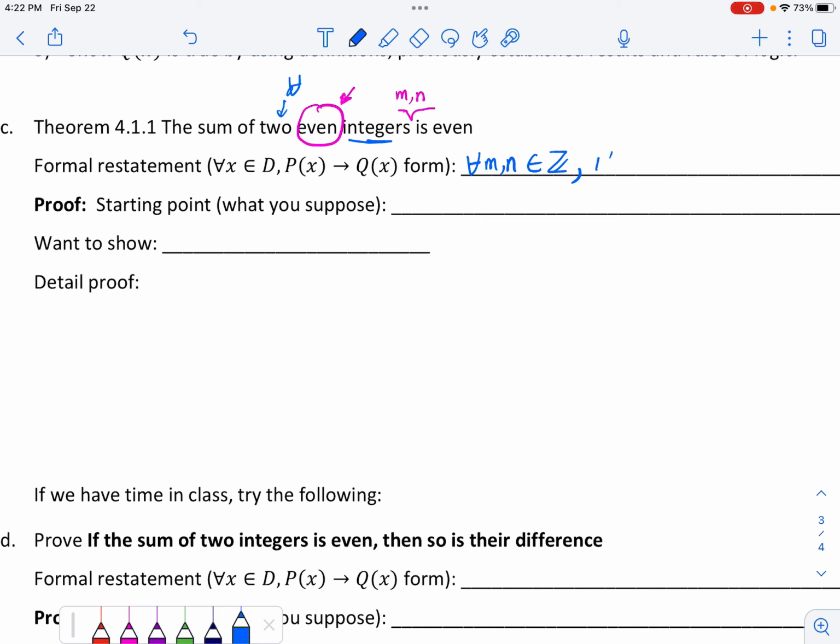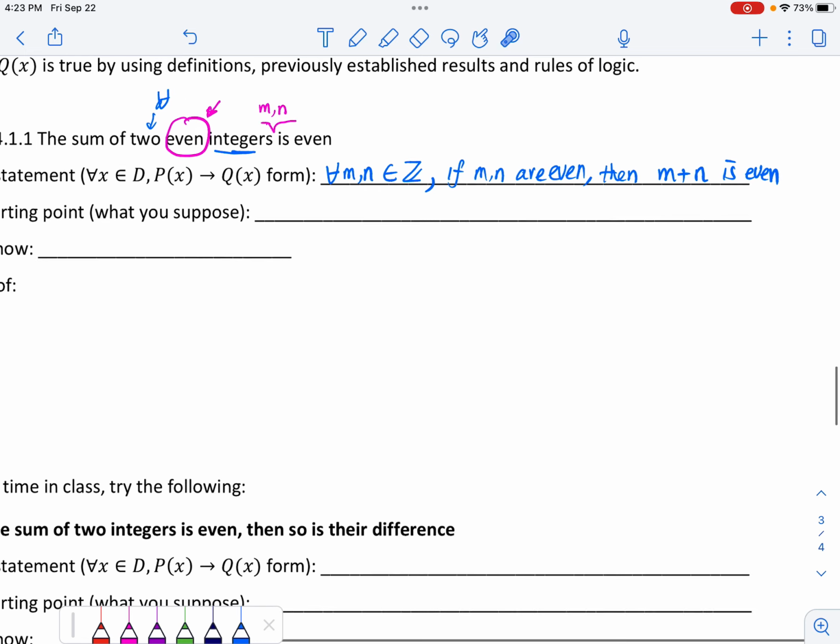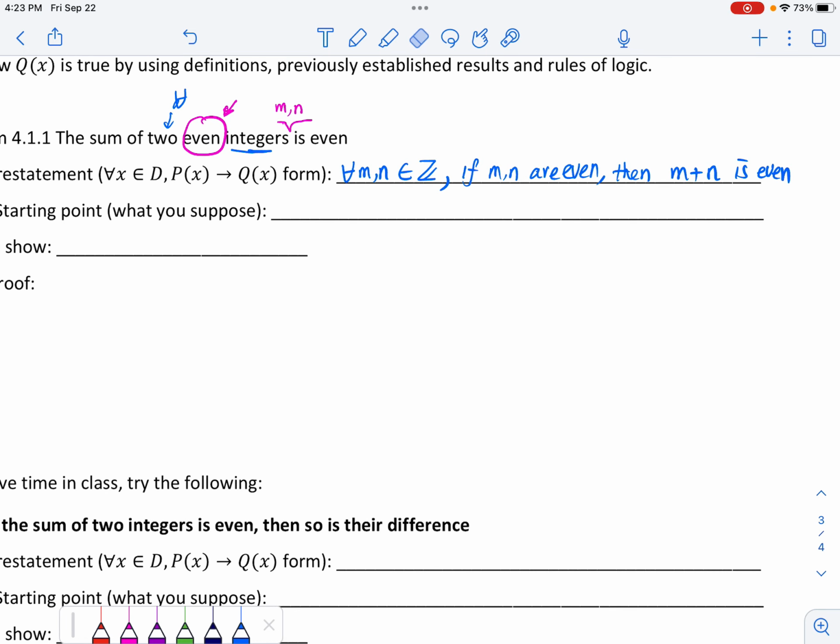So I'm going to say: if m and n are even, then the sum, which means m plus n, is even. This is always a good moment for you to go back, read the theorem, and then try to rewrite it.